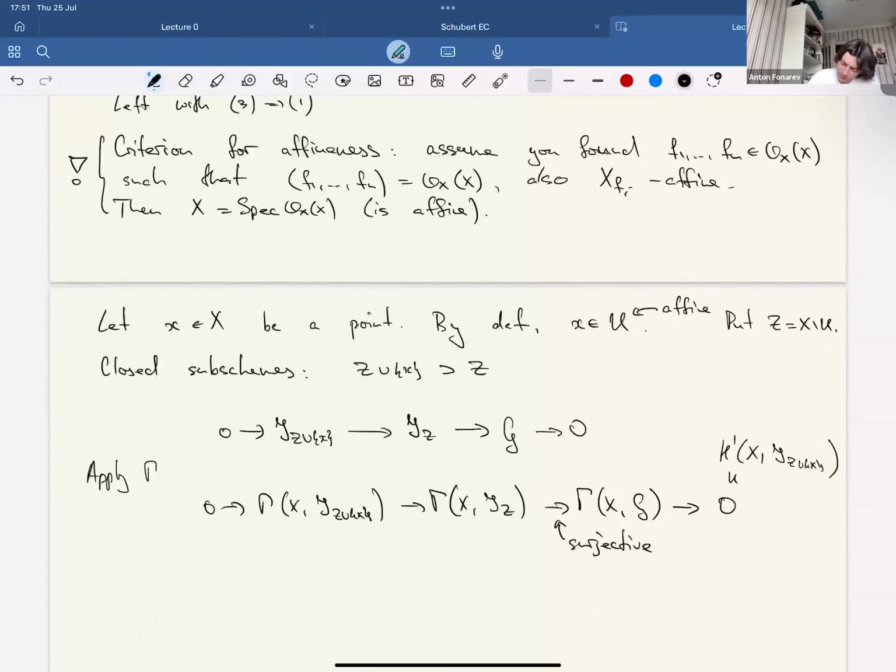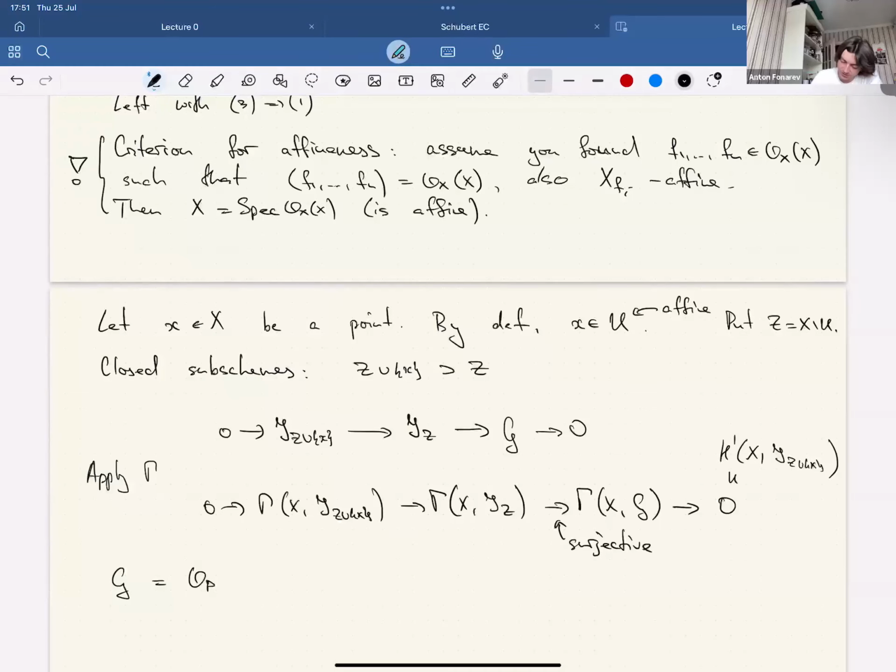So let's recall G. Now, what is G? G is just the skyscraper sheaf, if you want, of the structure sheaf of X. It's a one-dimensional space.